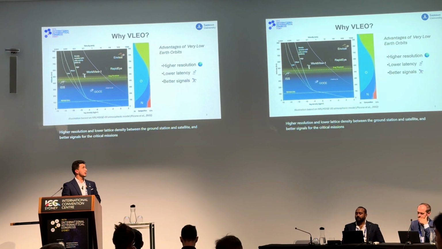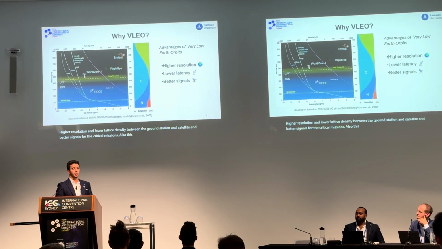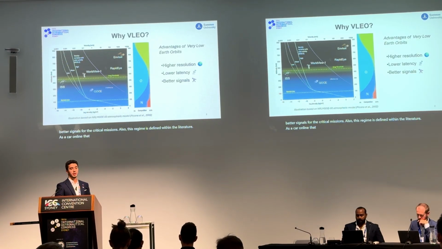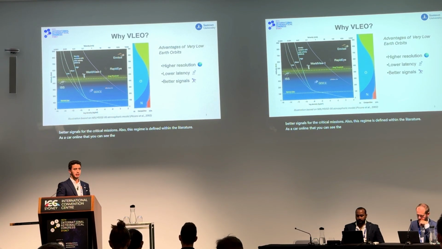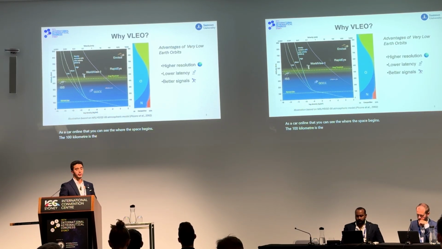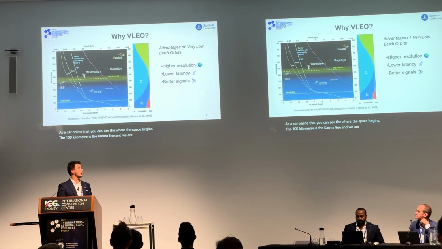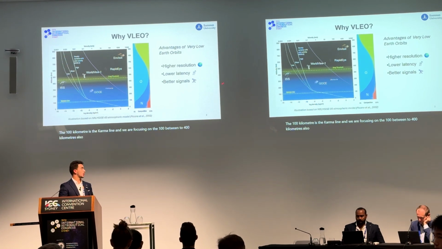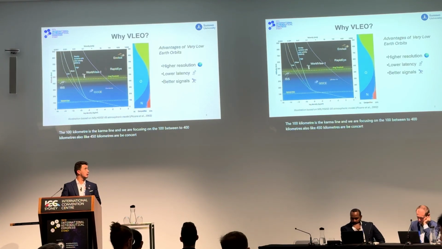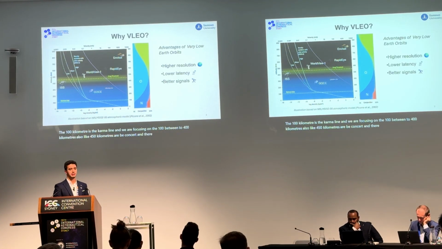Also, this regime is defined in the literature by the Kármán line, where space begins. The Kármán line is at 100 kilometers, and we are focusing on 100 to 400 kilometers. Also, around 450 kilometers is considered, and there are a lot of challenges in this regime.